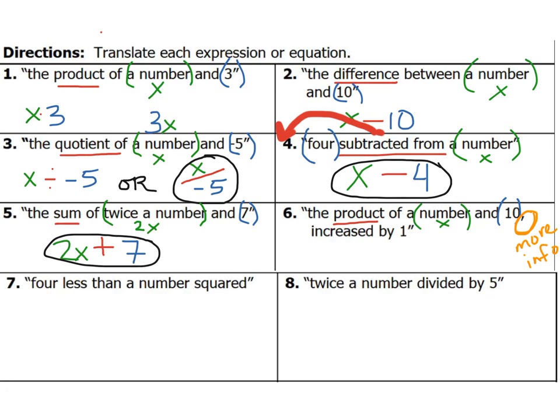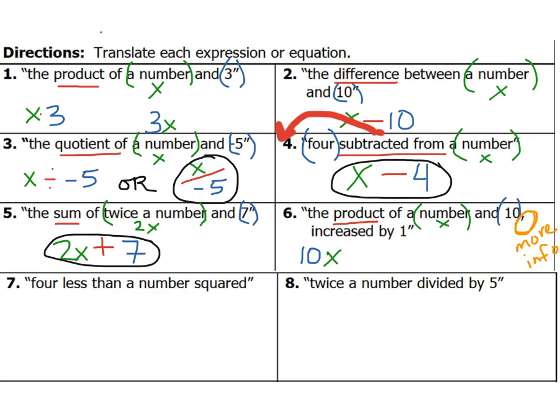All right, so I'm going to translate the first part of this. I'm going to read it. I see the comma. I'm going to pause, and then I'm going to do the translation. So, the product of a number and 10, product means to multiply them. So I'm going to say x times 10, but I'm going to put my coefficient in the front. So 10x. Okay.